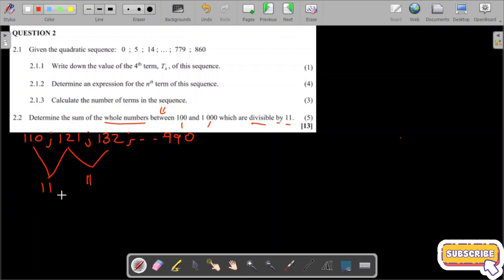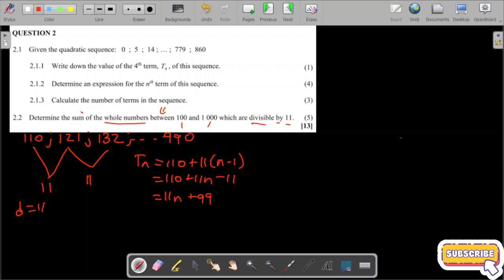So the difference here is going to be 11. Now, Tn is equal to 110 plus my difference into n minus 1, so 110 plus 11n minus 11, is equal to 11n, which 110 minus 11 gives me 99.